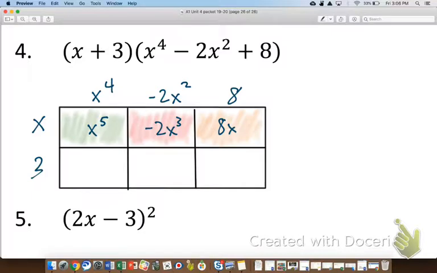Yep, that's correct. How about the light blue box? Issa, what do you got? 3x to the 4th. Okay. How about the yellow box? Negative 6x squared. And then lastly, the blank box. Okay, 2, 4. Yep, that makes sense.